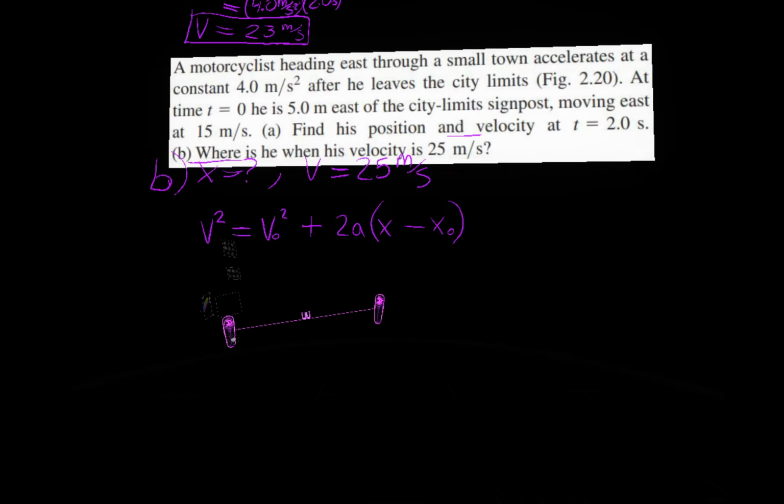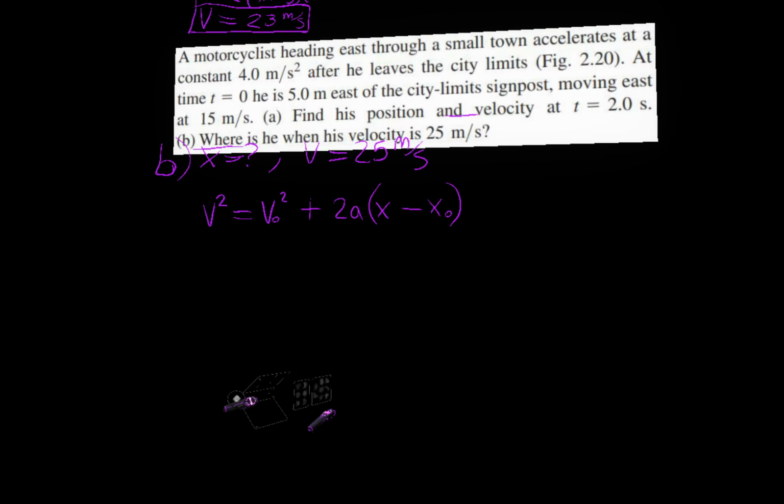All right. So we don't want to plug in numbers yet because what we're solving for is this guy here, and he's pretty hidden right now. So we want to do some algebra and get him out of there so that we have x equals whatever else is on the right side. So v squared minus v naught squared is equal to 2a times x minus x naught.